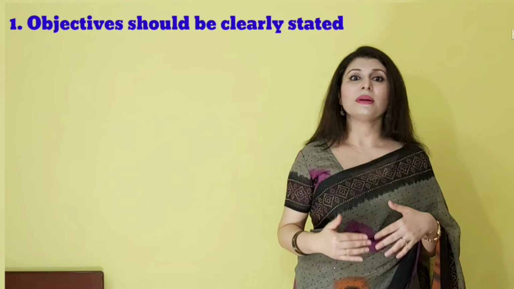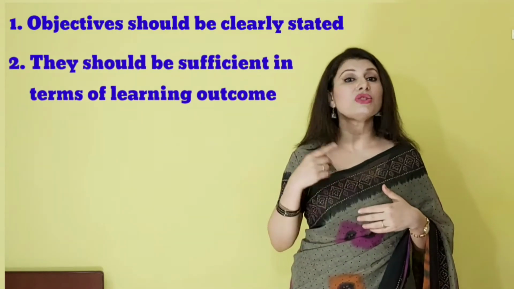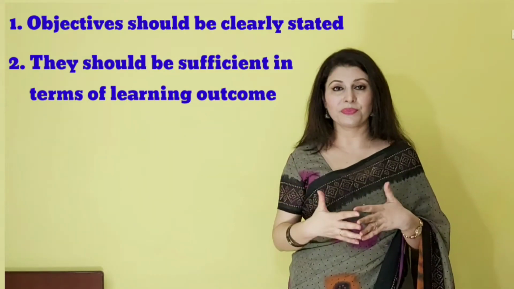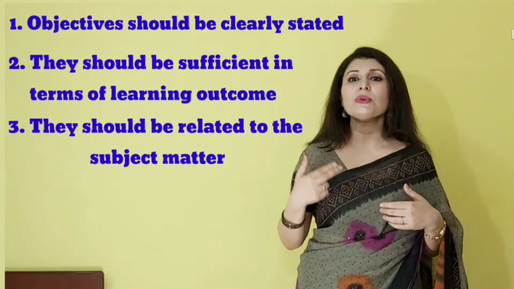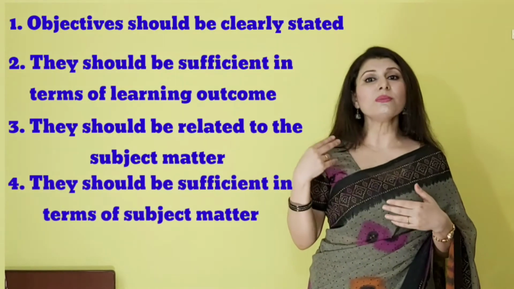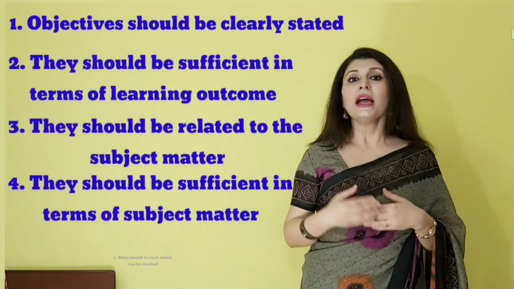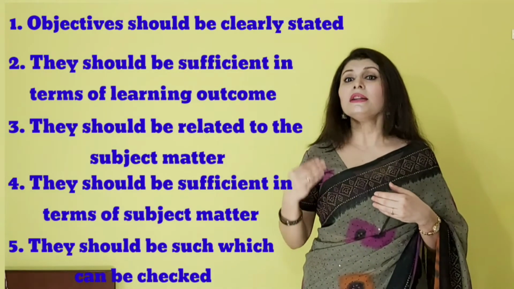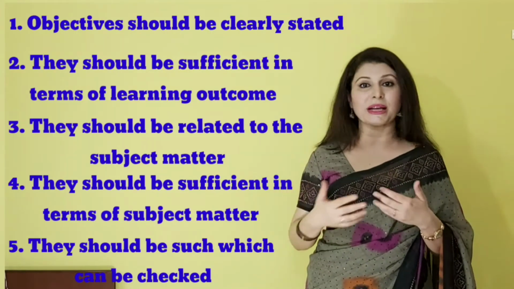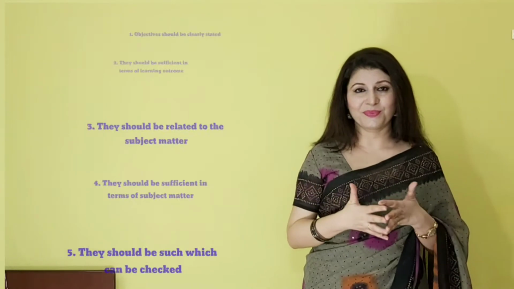Number 1, objectives should be clearly stated. Number 2, they should be sufficient in terms of learning outcome. Number 3, they should be related to the subject matter. Number 4, they should be sufficient in terms of subject matter. And number 5, it should be made clear in the objectives what change in the behavior is expected. They should be such which can be checked.